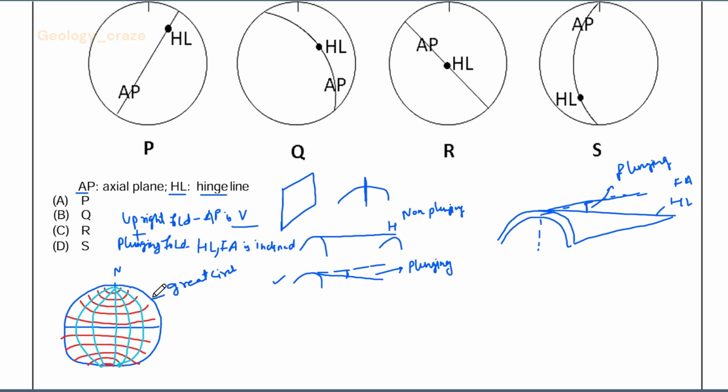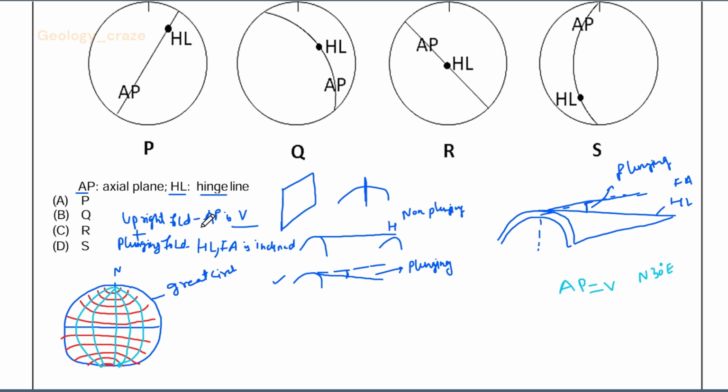So now, to plot this data, in the field we observed and noted our data. Our actual plane is vertical, but trending north 30-degree east.